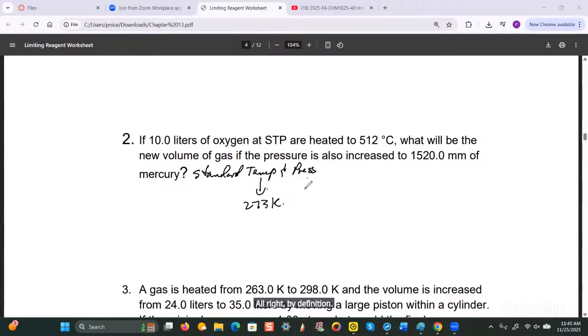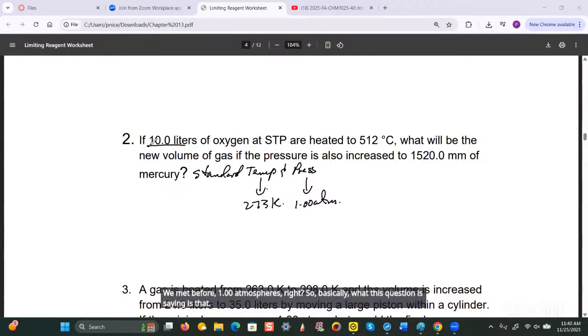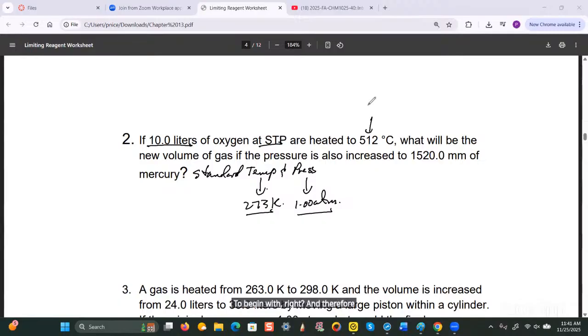Standard pressure, we met before, is 1.00 atmospheres, right? So what this question is saying is that the 10.0 liters of oxygen is at STP, meaning that the temperature is 273 Kelvin and the pressure is 1 atmosphere, right? So those would be T1 and P1 to begin with, and therefore this here would be T2, and this here would be P2, all right?